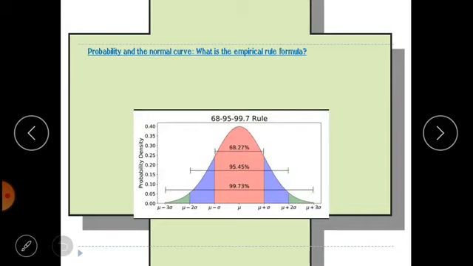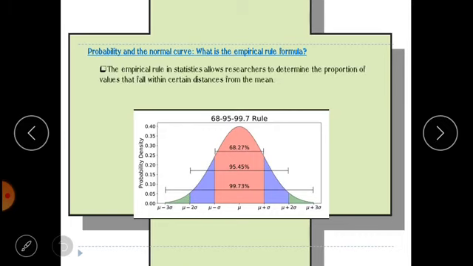Okay, next. Probability and then yung normal curve. So, what is empirical rule formula? So, meron din tayong tinatawag na empirical rule formula. Ano ba yun? Ayan, kung makikita nyo sa graph, yung empirical rule in statistics allows researchers to determine the proportion of values that fall within certain distances from the mean.